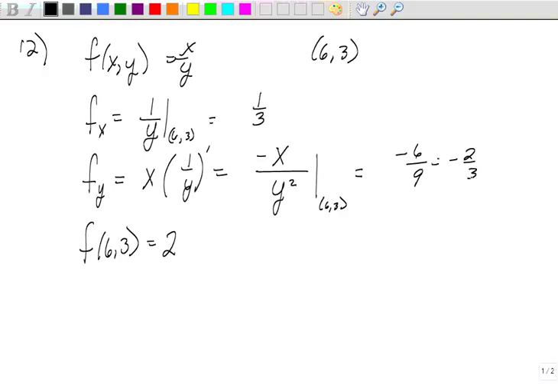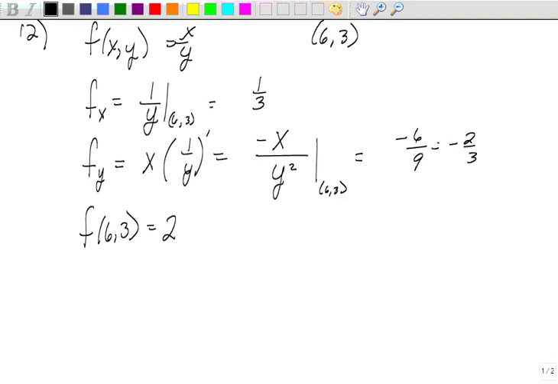So the equation of our, well, we'll get to the equation first. f sub x and f sub y exist for y not equal to 0, and we have the point 6, 3, so y is not 0 here, so they exist. So I'm going to use the theorem.